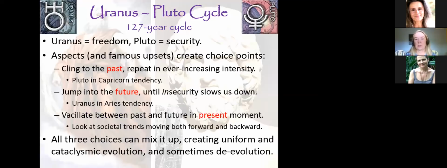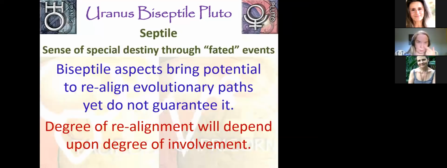Sometimes we can even de-evolve. We're not guaranteed evolution 100% of the time. In the big broad scheme of things, yes. But have you ever watched a society create some freedoms and then lose them? It happens. Let's see, hopefully, maybe it won't happen in the US.